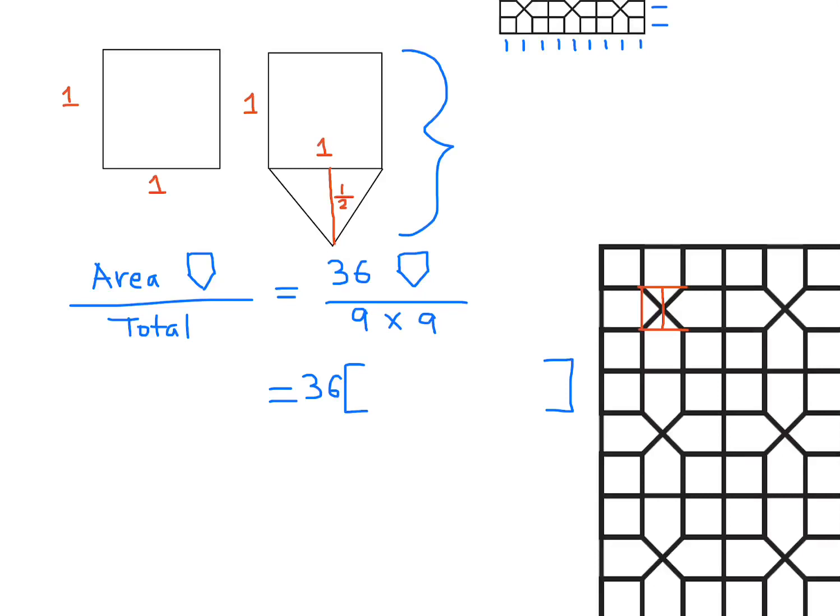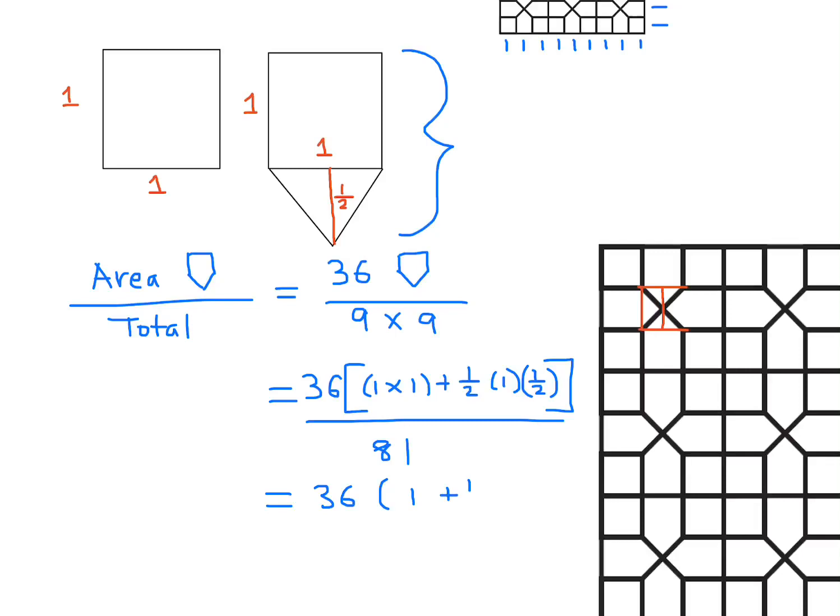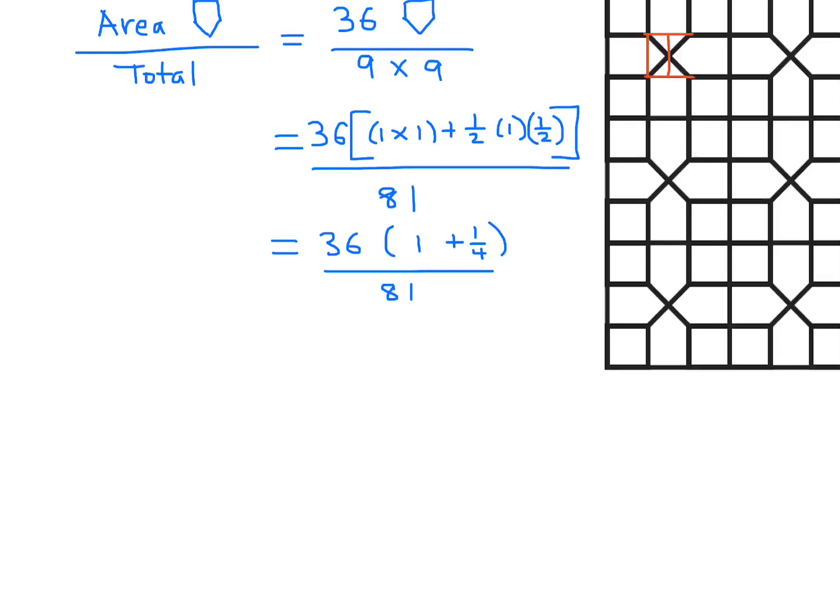It's the area of the square, which is 1 times 1, plus the area of this little triangle, which would be 1/2 base, which is 1, times height, which is a half, all over 81. So this looks like 36 times 1 plus a quarter, like that, all over 81. So this looks like 36 times 5 over 4 over 81.